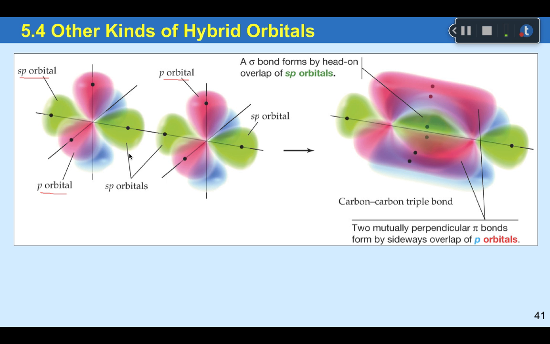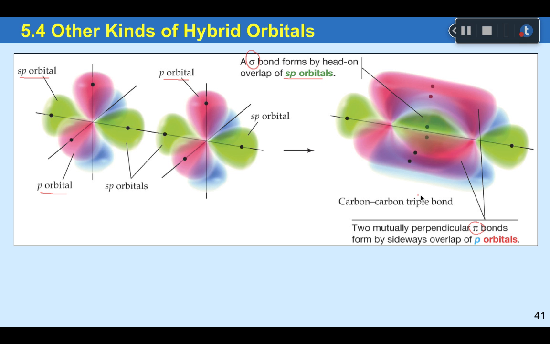And so if the two sp orbitals are used to make an internuclear bond, we call that the sigma bond, head-on overlap of those sp orbitals. Now there are two mutually perpendicular pi bonds formed by the overlap of the remaining p orbitals that were not used in making the sigma bond.